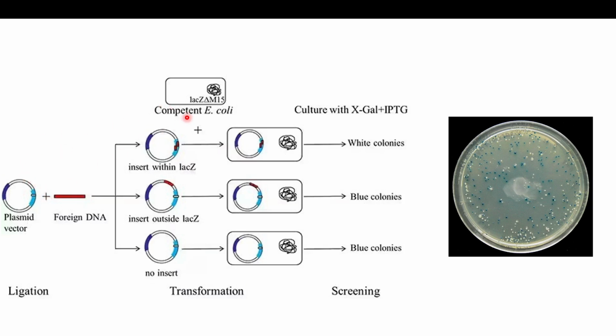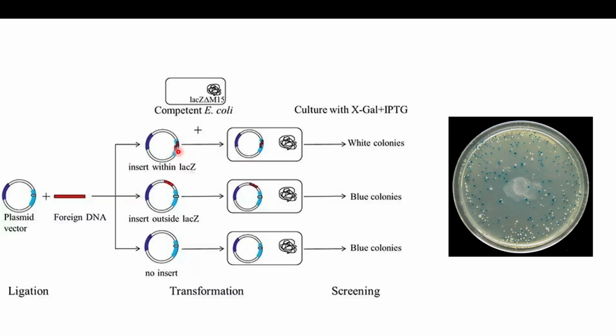And this is the competent E. coli cells, which code for the truncated peptide, which complements the alpha peptide that is encoded by this gene stretch in the plasmid vector and hence forms a functional beta-galactosidase enzyme. Now there can be three scenarios when this foreign DNA is inserted within the lacZ gene here.